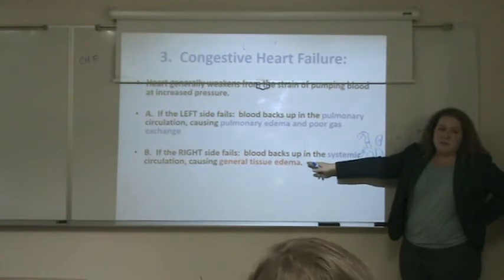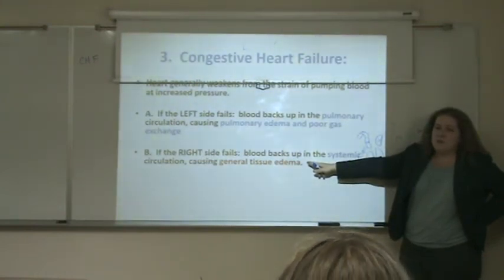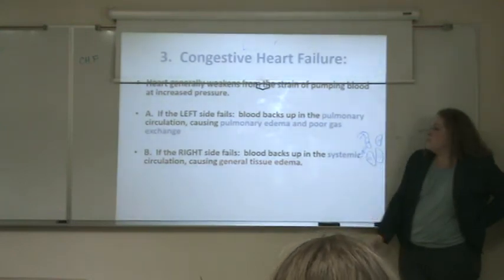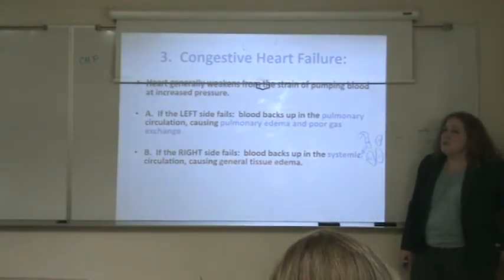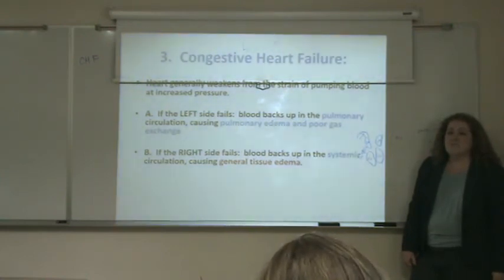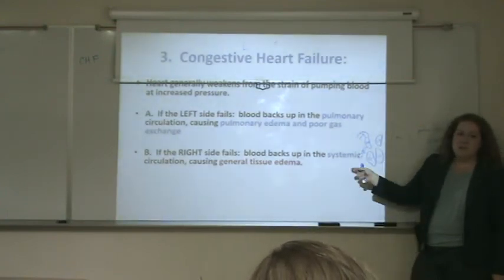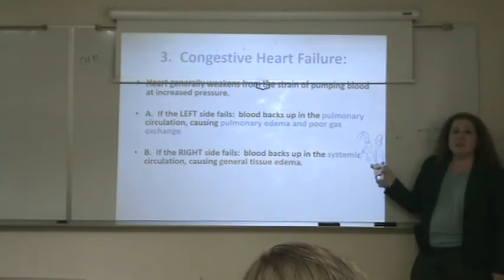What do these people look like, if you had to guess, or if you know somebody? What's systemic edema, general tissue edema, what would that look like? Swollen, puffy. Yeah. That's general tissue edema. That tends to be from a right side problem.